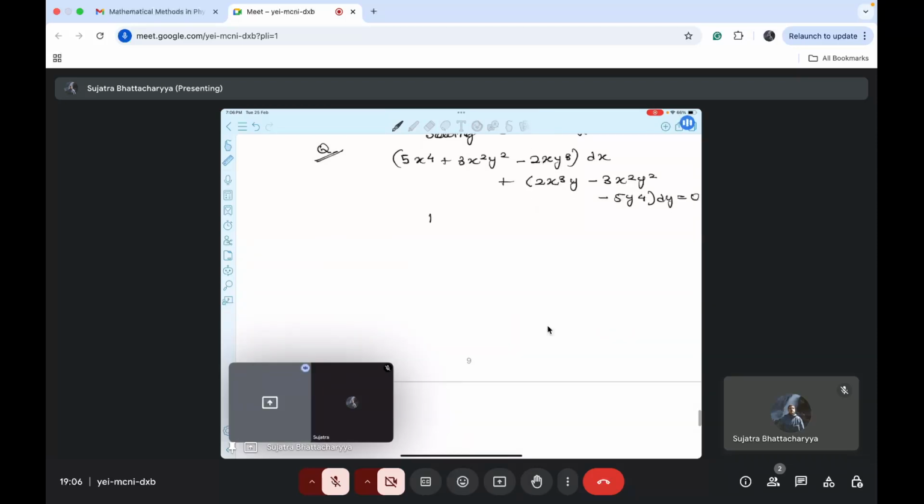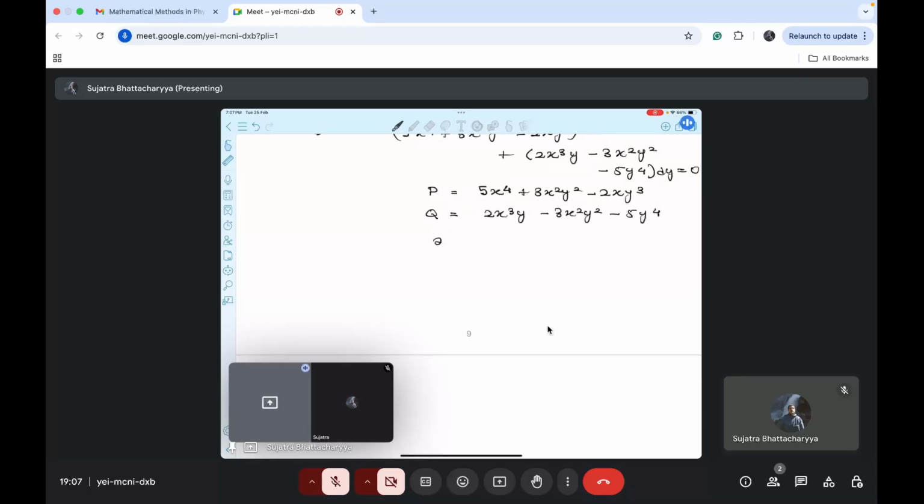So can I write this p as 5x4 plus 3x square y square minus 2xy cube? Let's say q, which is 2x cube y minus 3x square y square minus 5y4. Just check the condition delta p by delta y. What is that? Only partial differentiation with respect to y, x being now the constant.